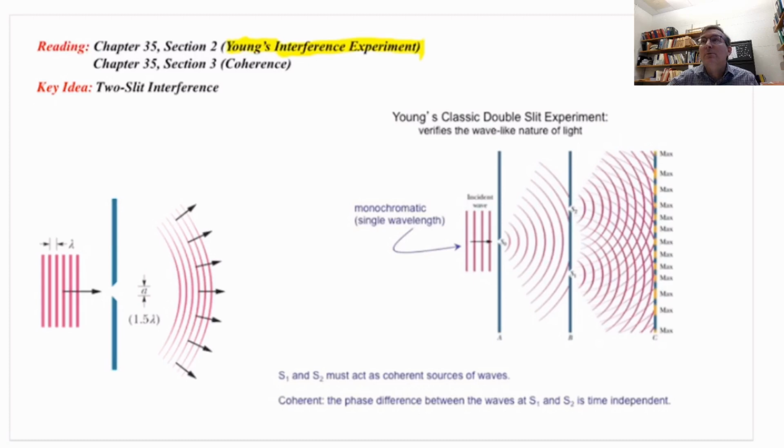Now we know to preface that statement by saying that light can, in certain circumstances, behave like a wave. And this experiment is one of those circumstances that shows very definitively that light can behave like a wave, because this experiment shows that light can exhibit interference.